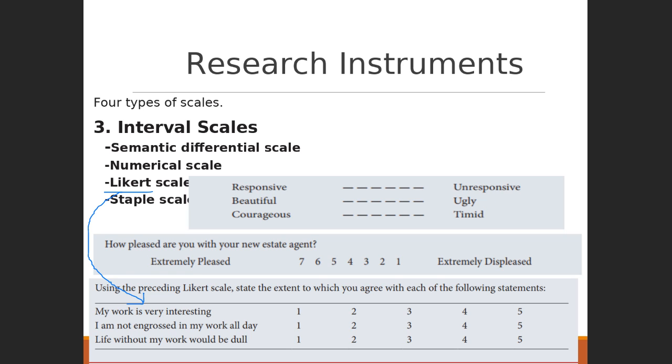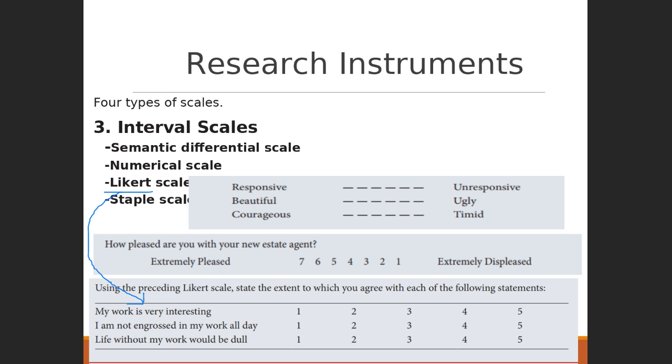It generally arranges the responses from strongly disagree to strongly agree. A Likert scale can also assume other extremes like highly unlikely to highly likely. So it is not necessary that a Likert scale only uses strongly agree to strongly disagree as response statements.